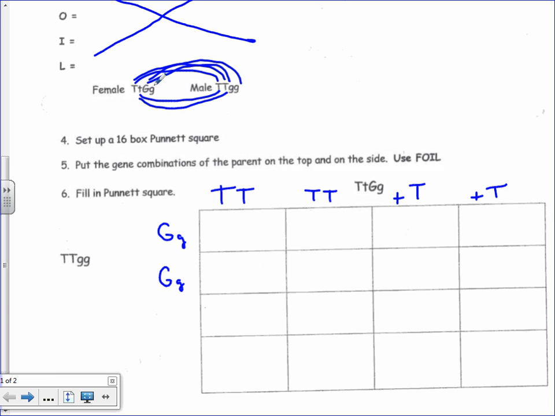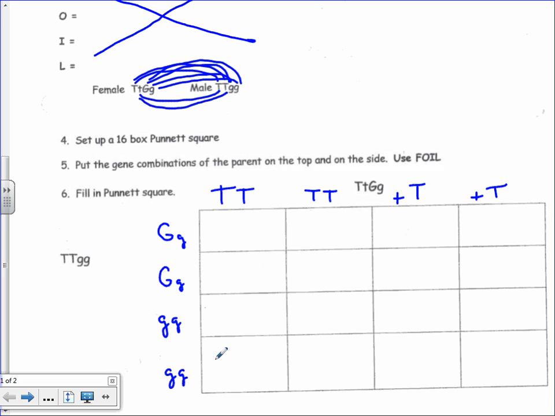This second allele from the mother could assort with this first color allele from the father, or it could sort with the second color allele from the father. So we could have homozygous recessive, or we could have homozygous recessive.